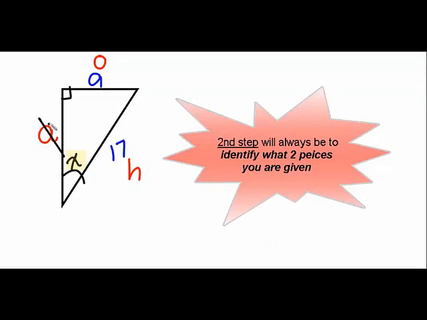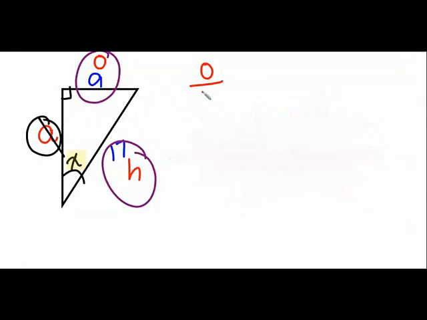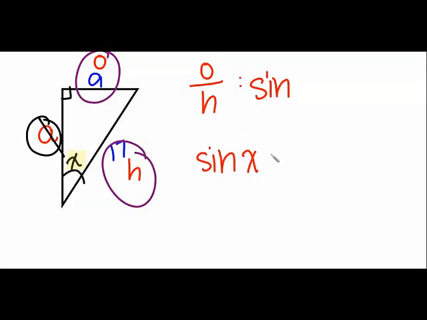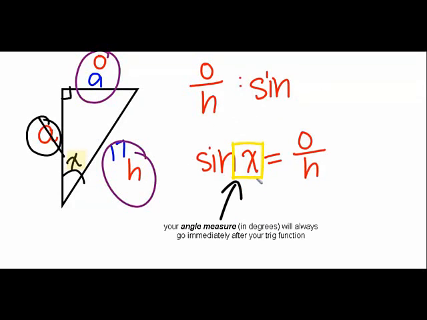What we are going to use are the two that we're given, which is the opposite and the hypotenuse, so O and H. If you remember, the ratio of O to H is your sine function. So when you set this up, it's sine of your angle is the opposite side over the hypotenuse.